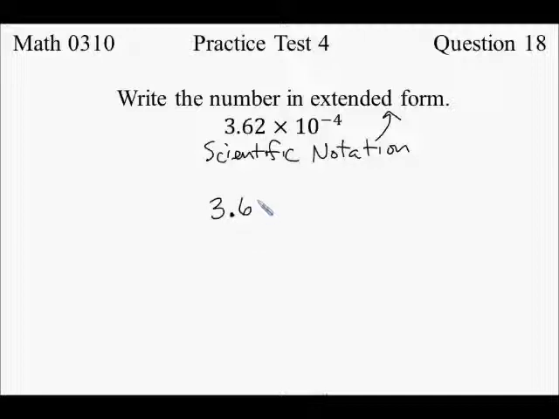So we have 3.62 times 10 to the negative fourth. 10 to the negative fourth is going to be the same as a 1 in the 4th decimal place. So this is the negative 1st power place, this is the negative 2nd power place, the negative 3rd power place, and that would be the negative 4th power place.